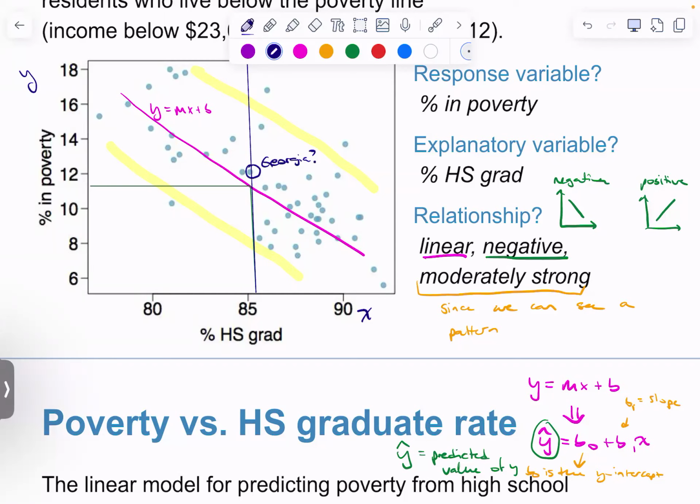We were told that the percentage of high school grads in Georgia was 85.1. So assuming that I'm kind of correct in my scale here, it might be this one, but I think it's maybe that one. The difference between the actual percentage in poverty in Georgia versus my predicted percentage in poverty in Georgia is going to be called the residual.